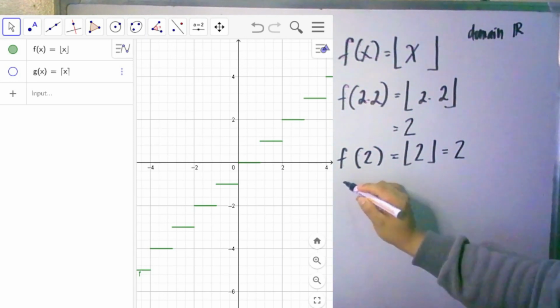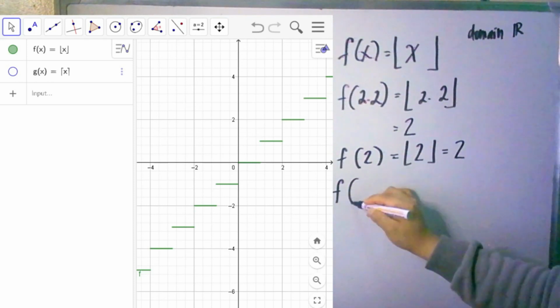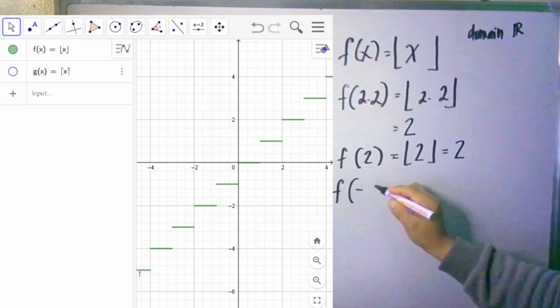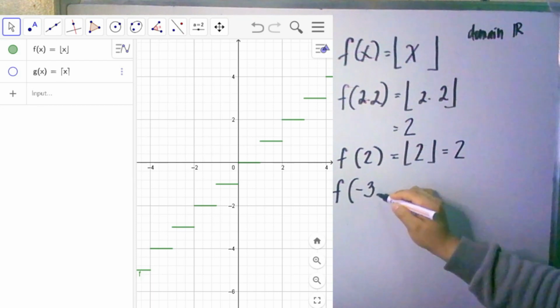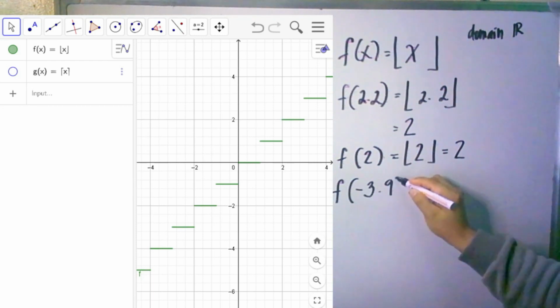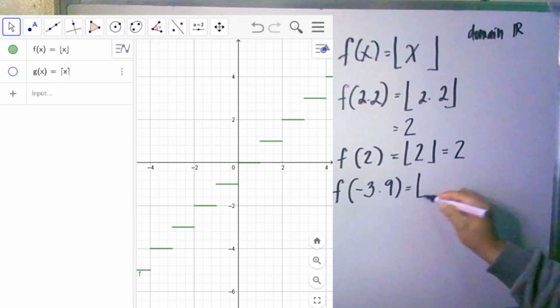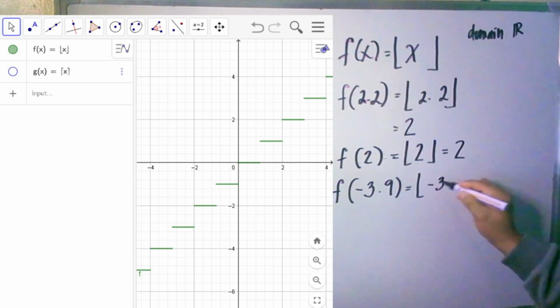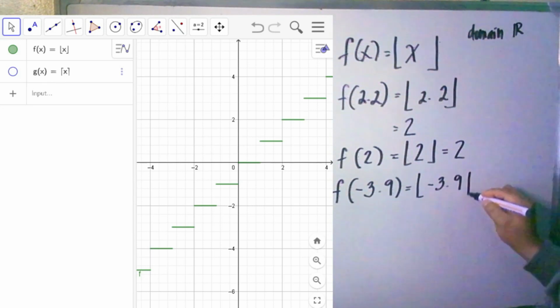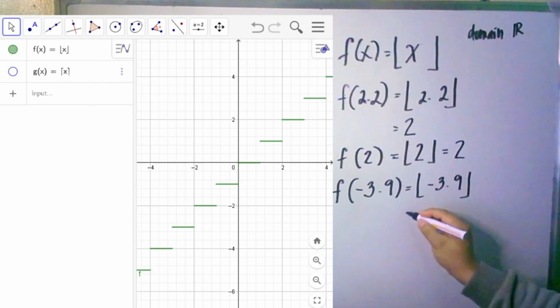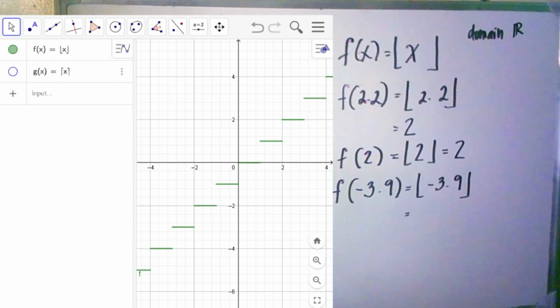Now let's move on to negative numbers. What if our input is a negative number, say -3.9? What is the value? -4. Negative? -4, sir. Negative 3, negative 4.